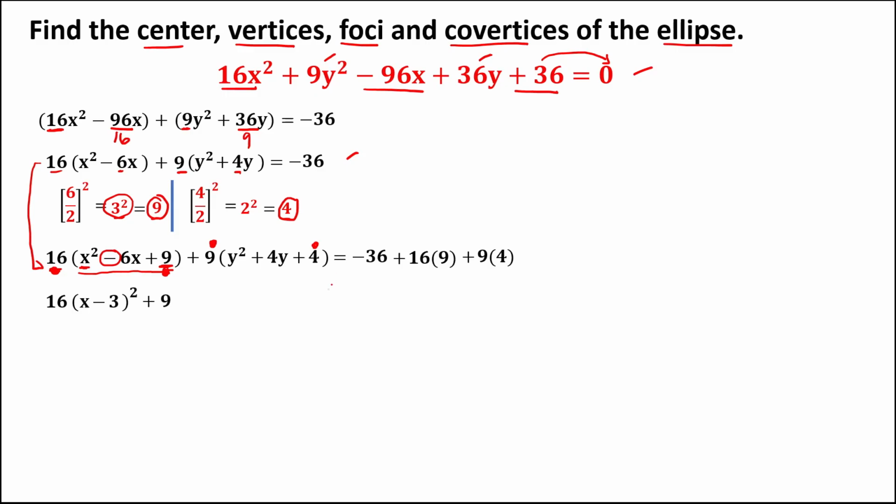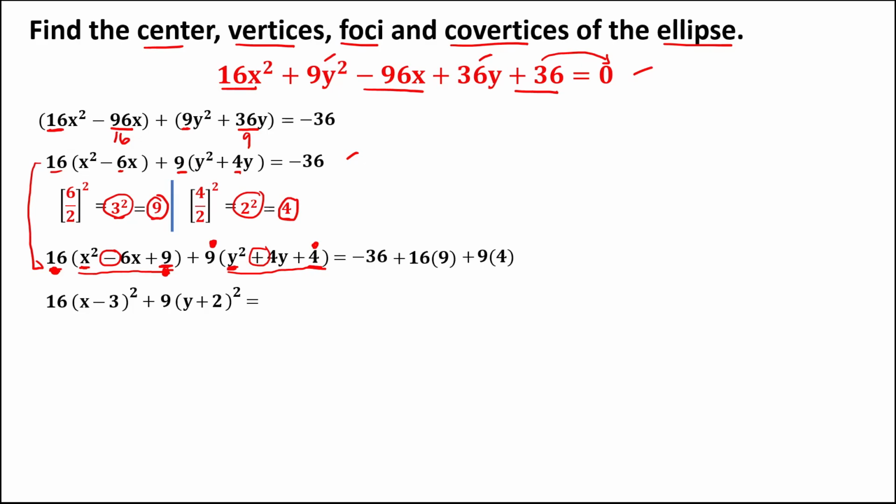Then plus 9, and for y, apply the factoring: y squared is y times y, the middle term is positive so it is plus, and for 4, that's 2 squared, so the quantity y plus 2 to the power 2.